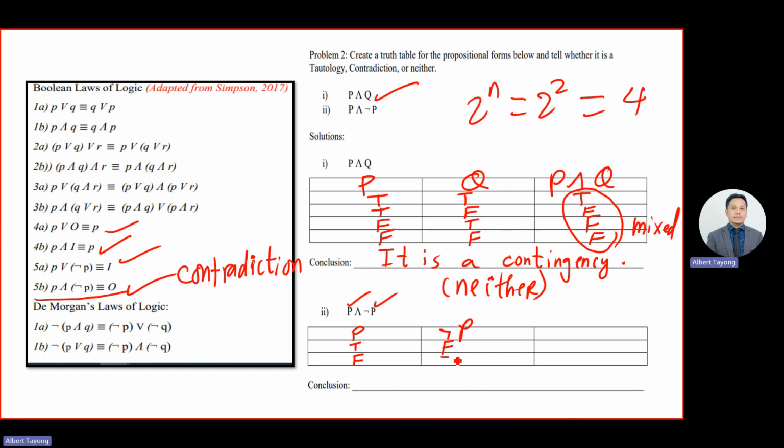Not false is true. So P and not P, you have true and false is false, and false and true, false. So look at the last column, all false. It is a contradiction.